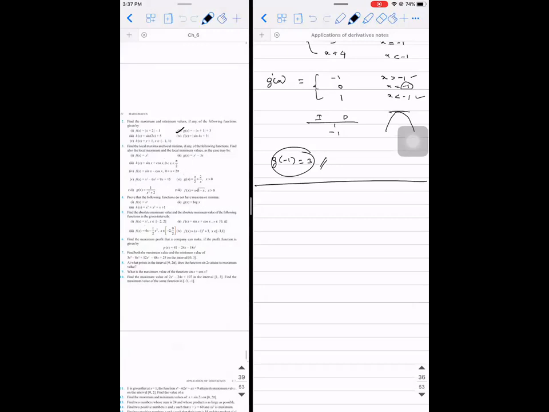Find the maximum and minimum value of the following function given by h of x is equal to sine 2x plus 5. So how to solve?